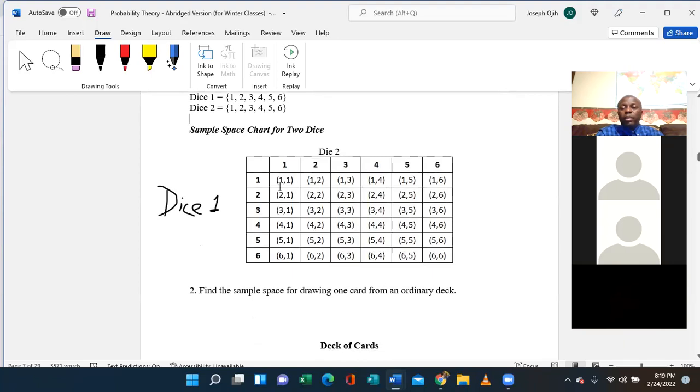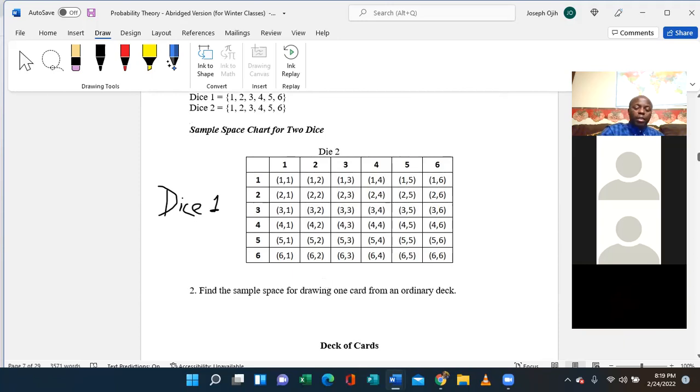Now we count all these numbers here. There are 6 columns and 6 rows. So if you count them all, 1, 2, 3, 4, 5, 6, 7, 8, 9, 10, 11, 12, 13, 14, 15, 16, 17, 18, 19, 20, 21, 22, 23, 24, 25, 26, 27, 28, 29, 30, 31, 32, 33, 34, 35, 36.